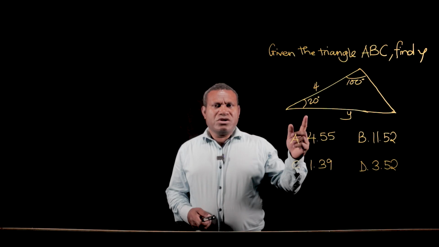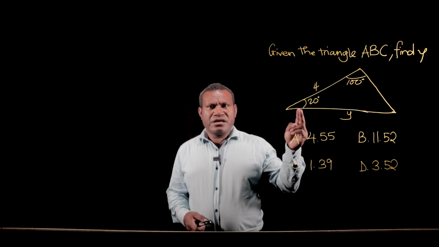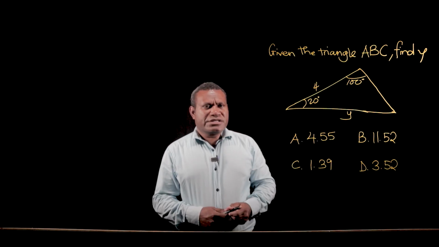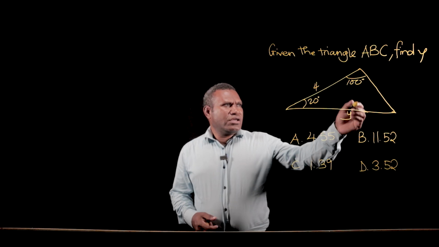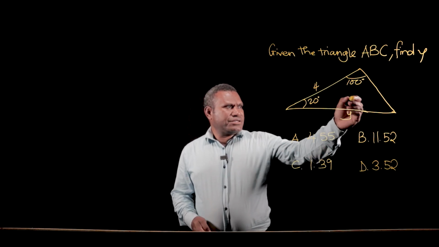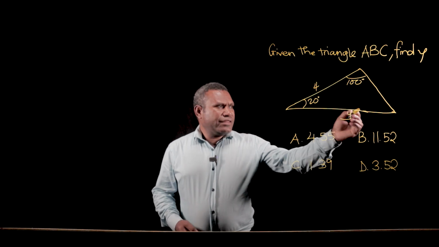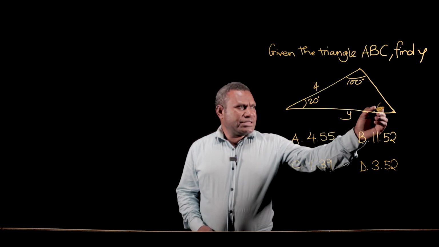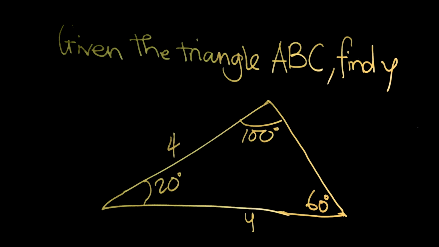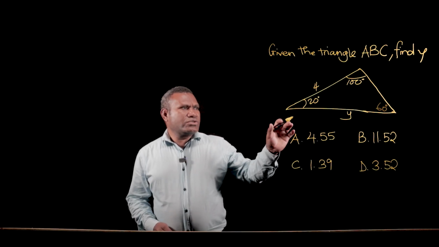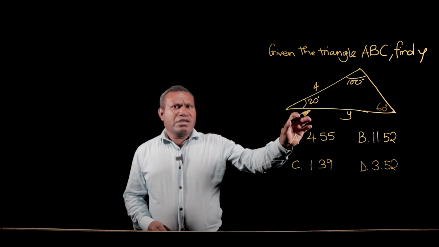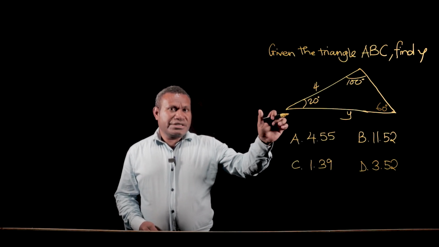So the only option we have is either the cosine rule or the sine rule, because if you fit in this information, this angle, if I have 120 here, then this angle here will be 60 degrees. So there is no right angle. The simplest way to solve this problem is the sine rule.